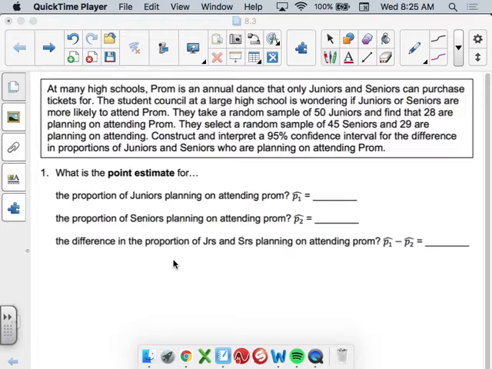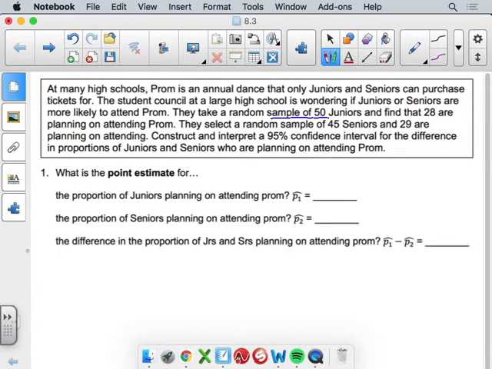Okay, so we've got a student council at a large high school, juniors and seniors attending prom. They did a sample of 50 juniors and found that 28 out of 50 are doing it. So that is our proportion of juniors, 28 out of 50, which I will tell you is 0.56, so 56%.